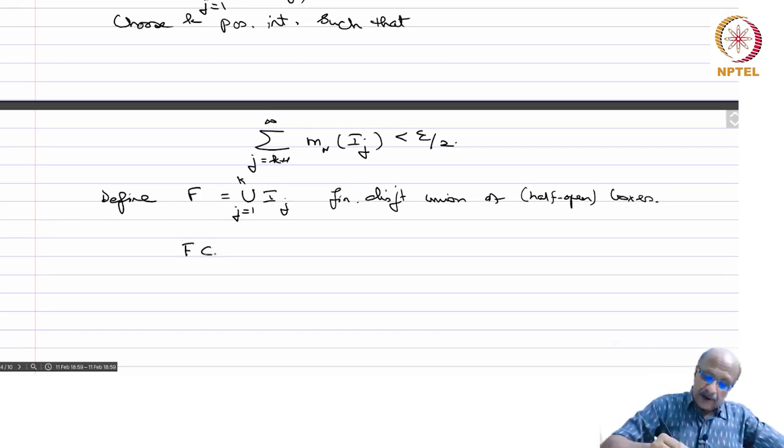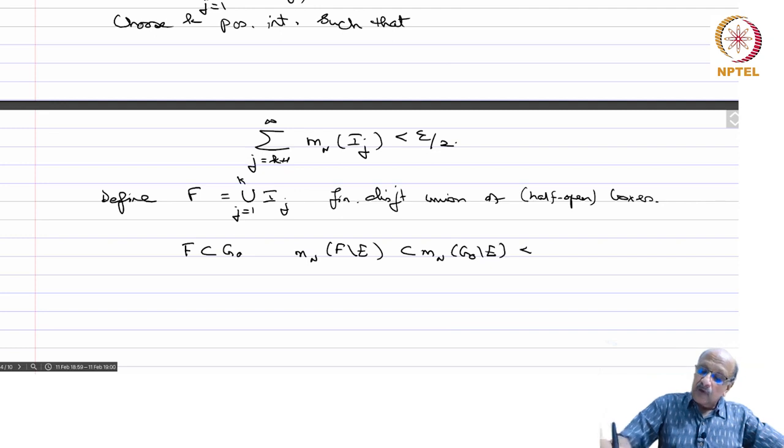And F is contained in G0. So Mn of F minus E is at most Mn of G0 minus E, which we already know is less than epsilon by 2. And what is Mn of E minus F?